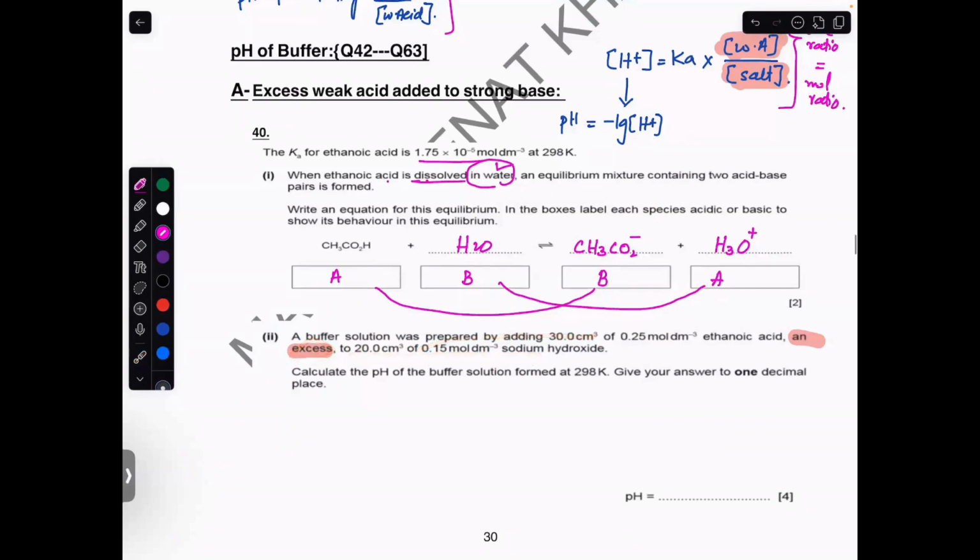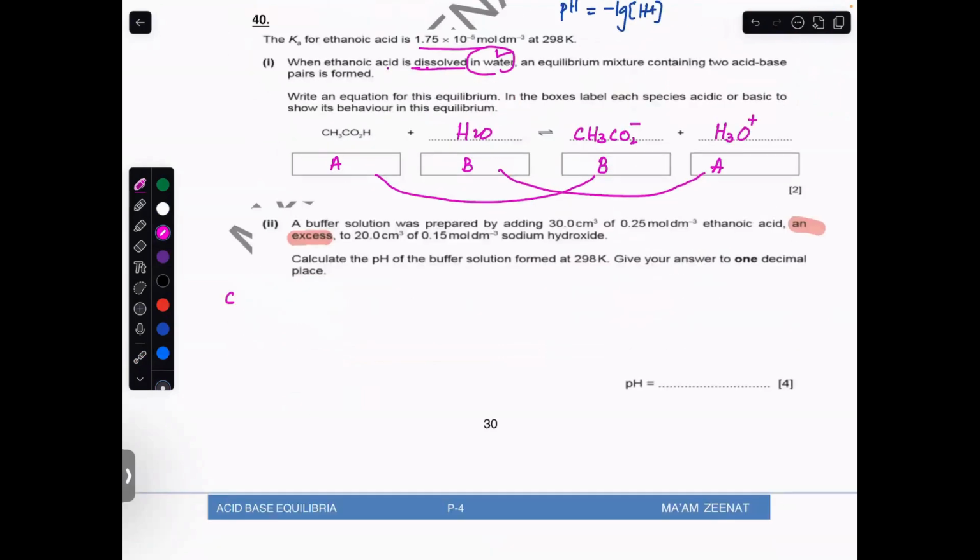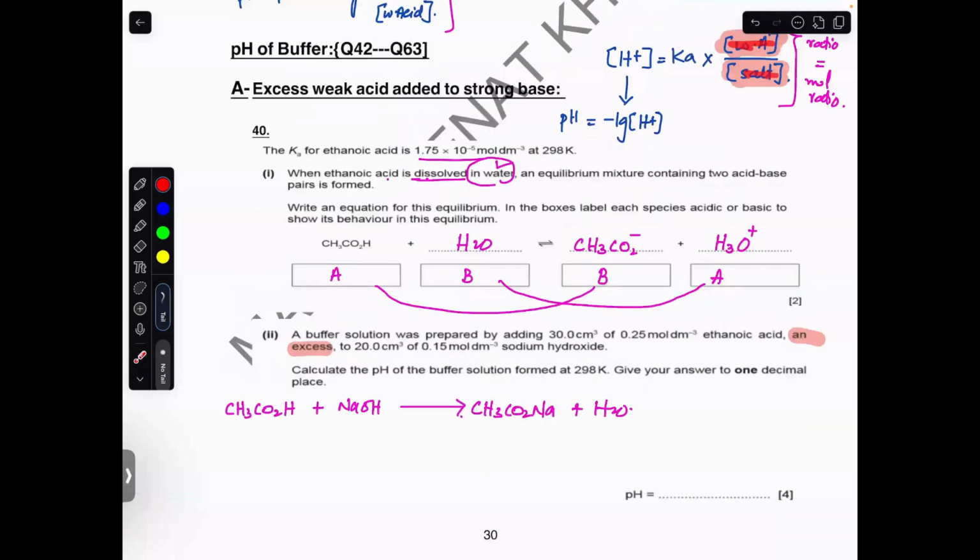So if I explain it completely, this is ethanoic acid plus NaOH. They are going to react with each other in that container, making salt and water. Now, first thing, in a buffer there is weak acid and salt.